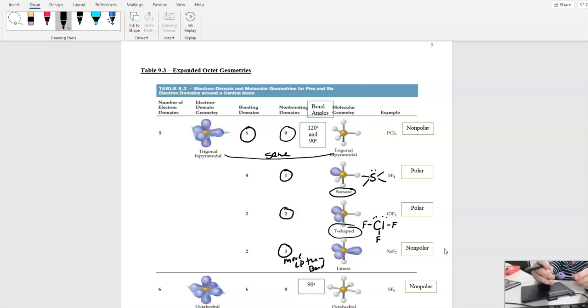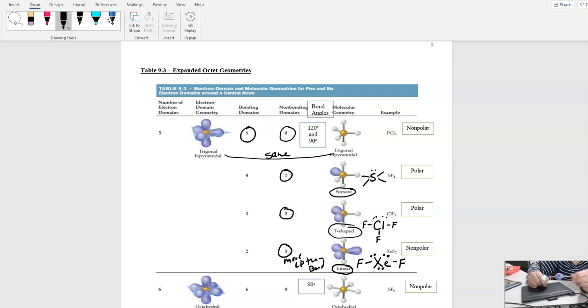You've seen the name linear before. Linear with no lone pairs. Now linear in 3 locations. And usually the noble gases tend to do this. So you'd have xenon, and when we're drawing it on paper, we would draw it like that, and the two fluorines coming out to the sides. Okay? And that is the difference of them.